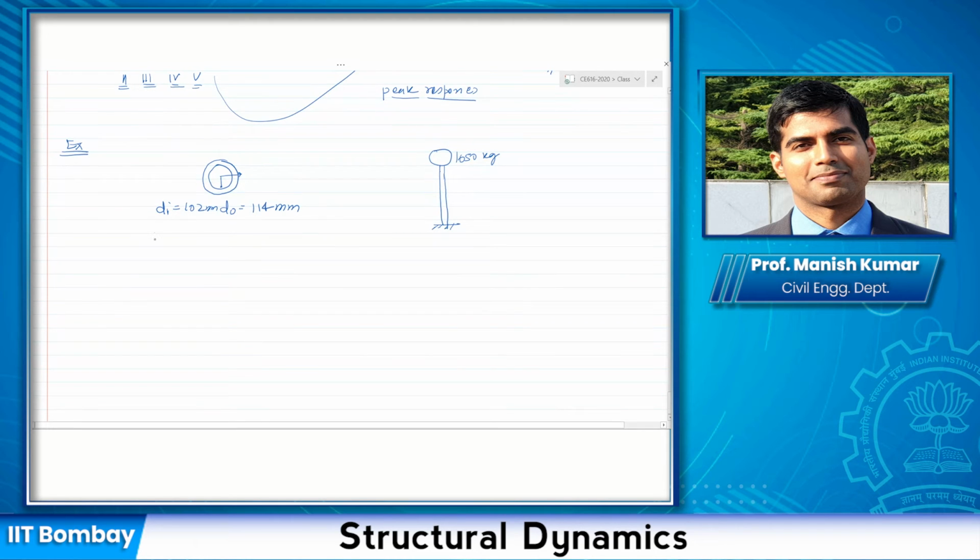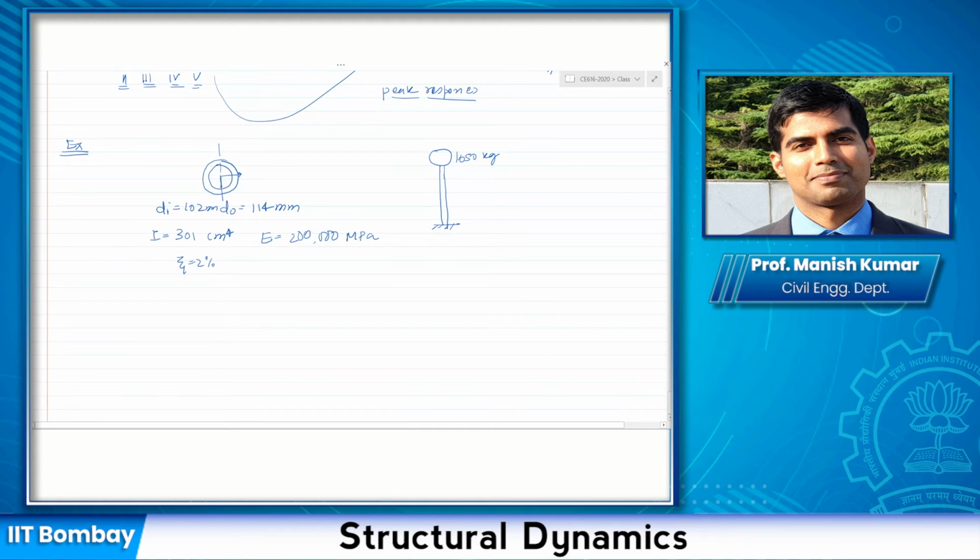And the moment of inertia about the bending axis is also given, so you don't have to calculate that, 304 centimeter to the power 4. This is a steel pipe, so I'm taking the E value as 200,000 MPa, and damping is given to you as 2%.